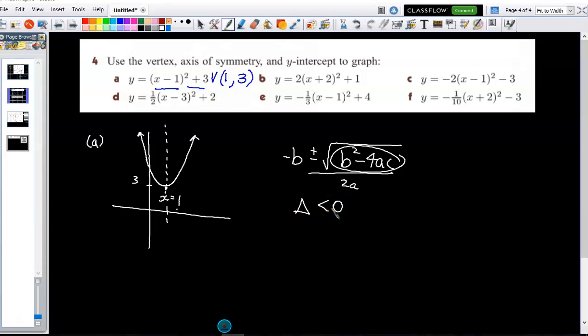If you were solving using the square, we're solving 0 equals (x - 1) squared plus 3. How do we solve this again? We chuck the 3 on the other side. How do I get rid of the plus 3? Minus 3. And then what would we try and do? Get rid of the squared by square root.